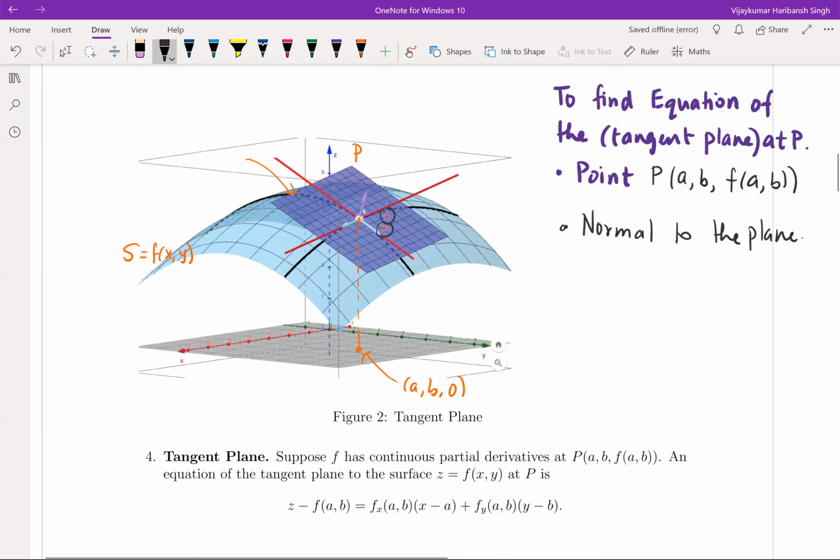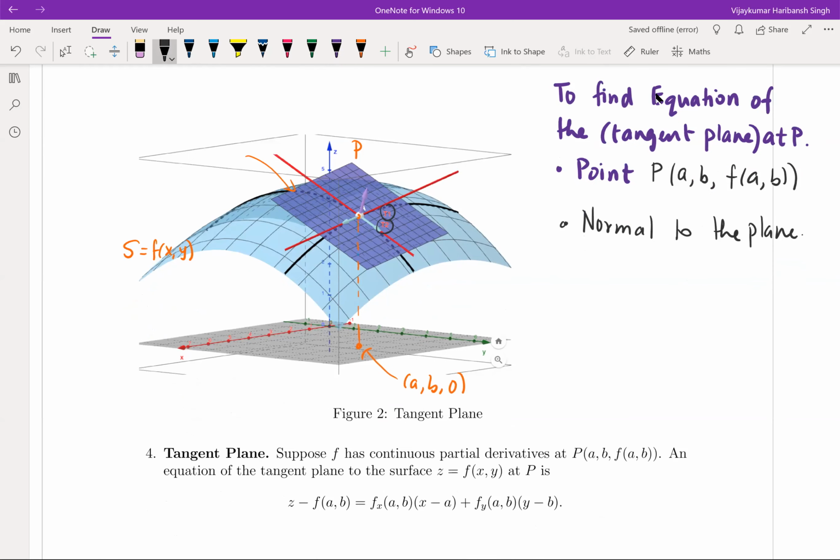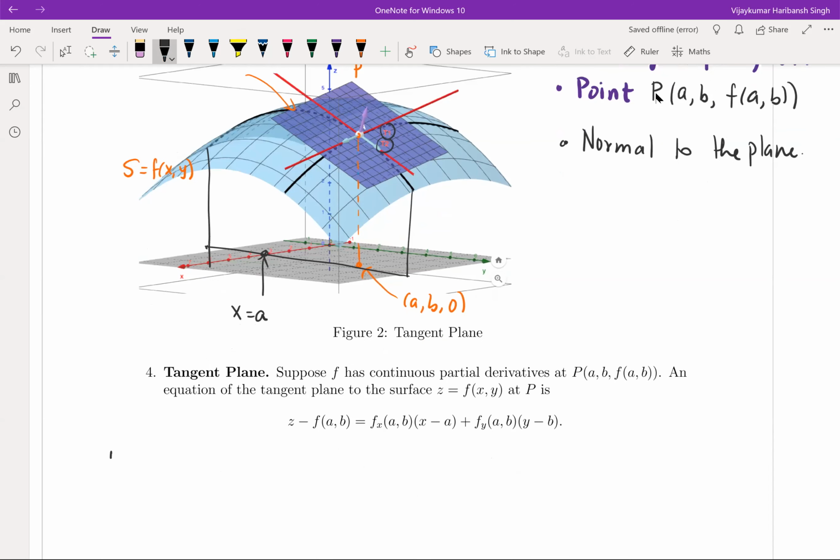First of all, we'll take these two curves. The first curve is the one where you fix x equals a. In that case, z is f of a, y, and this gives curve C2.